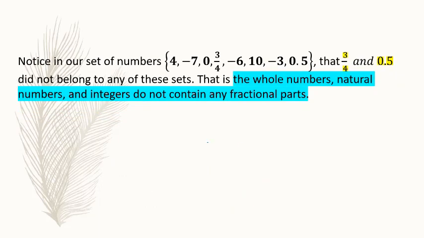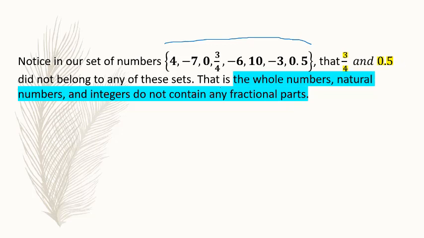Now, if you notice in this set of numbers, 3/4 and 0.5 did not belong to any of these sets. What does that mean? 3/4 isn't a whole number. 0.5 isn't a whole number. 3/4 isn't a natural number, and 0.5 isn't a natural number. 3/4 isn't an integer, and 0.5 is not an integer.